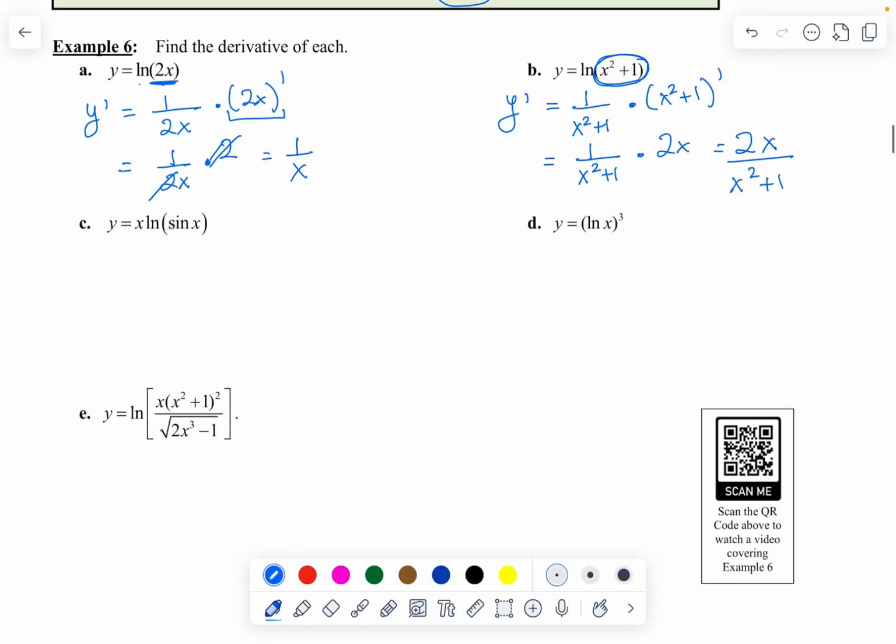All right, next problem. Well, now we've got two functions that are being multiplied together. So we don't just have a chain rule situation right here, but we have a product rule and a chain rule.